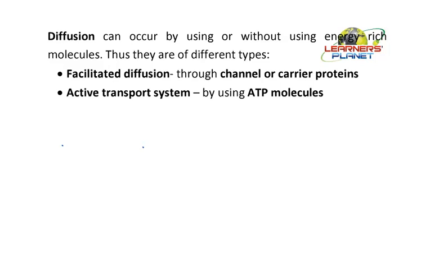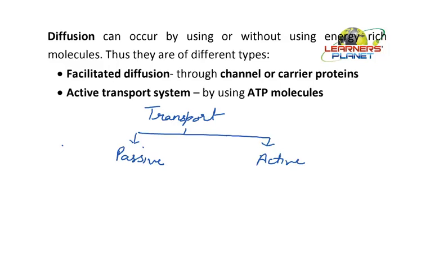So now let us understand the transport which is taking place across the membrane. It can be of two types: passive transport or active transport.